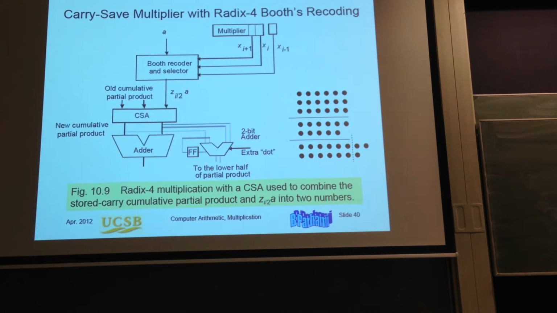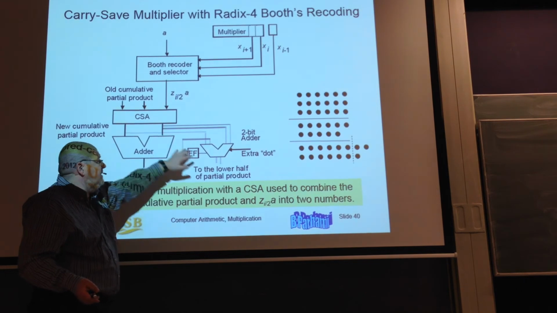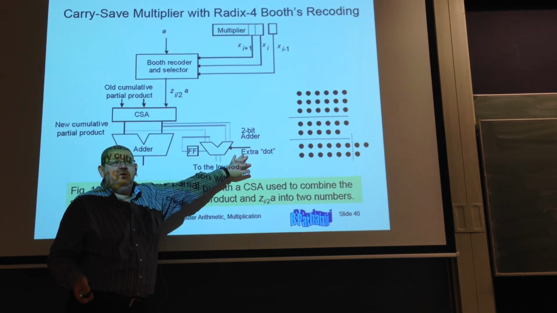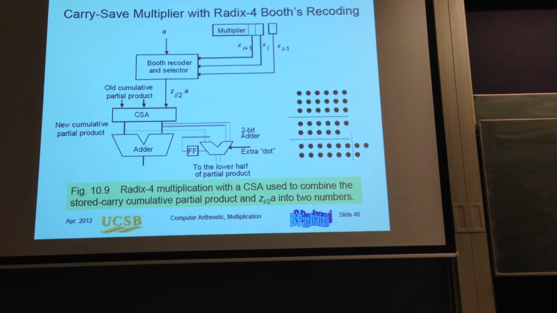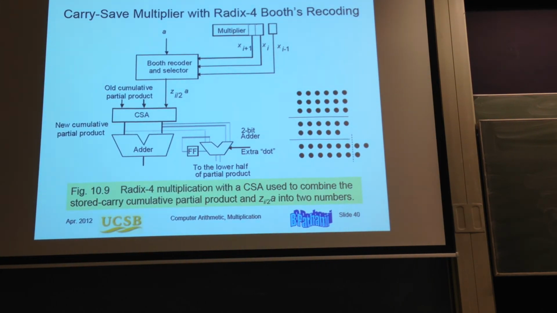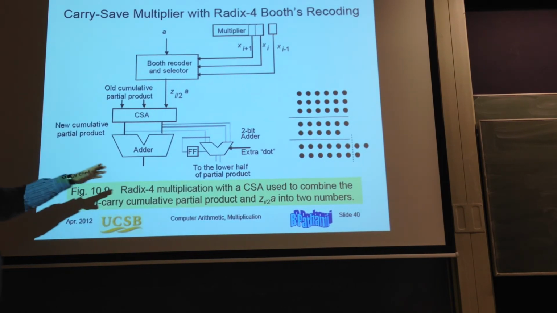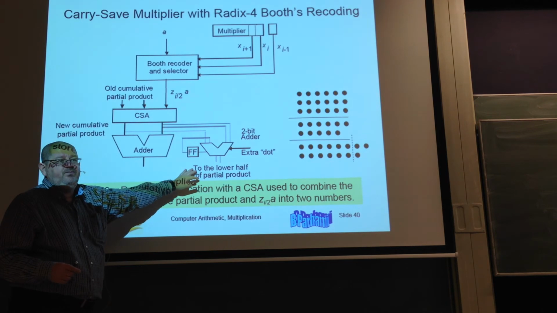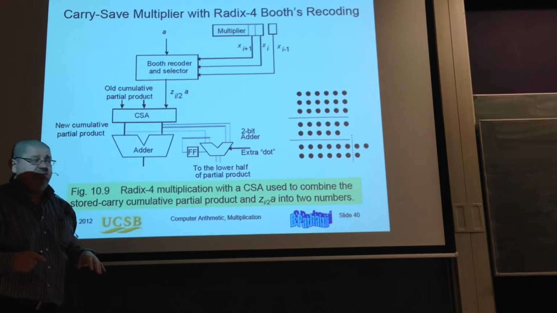What I have to be sure is that whenever the new value comes in here, it's available, the previous value is out. Then the cycle time will be determined by the time of the carry save adder, which is 1 full adder plus the Booth recoder, or by this 2-bit adder. One of them will be slower, and that will determine the cycle time.